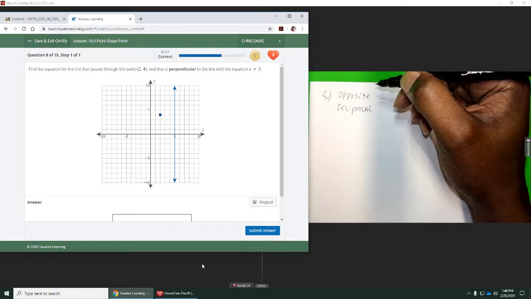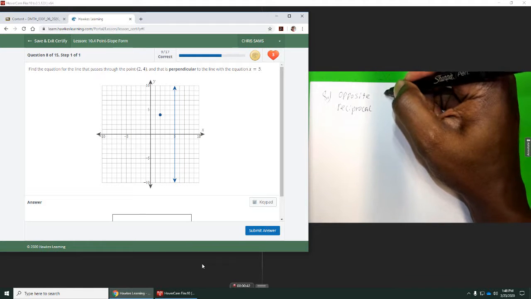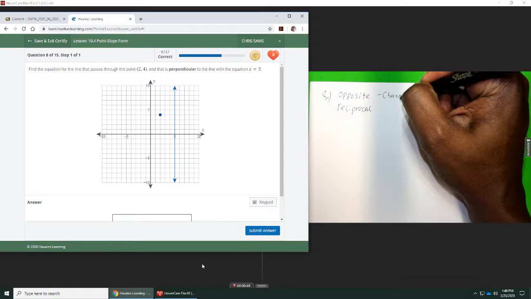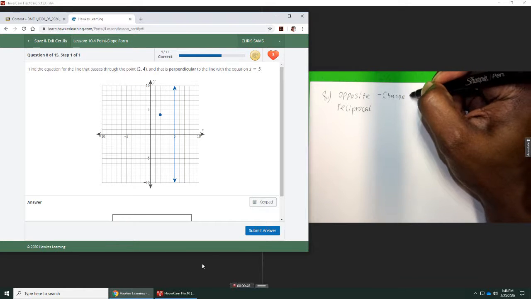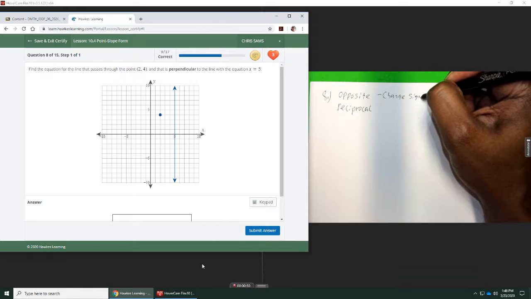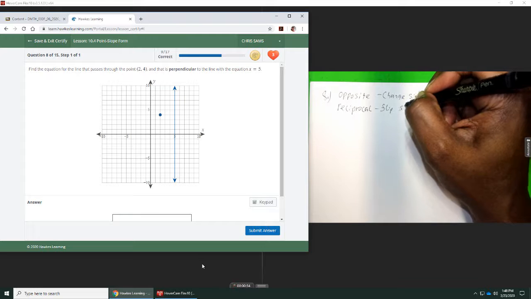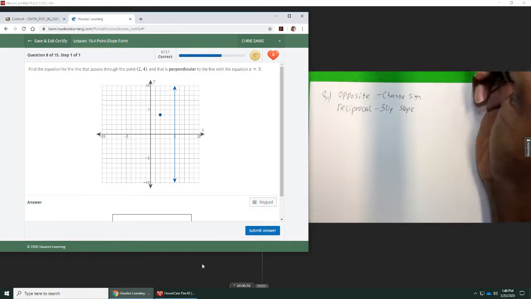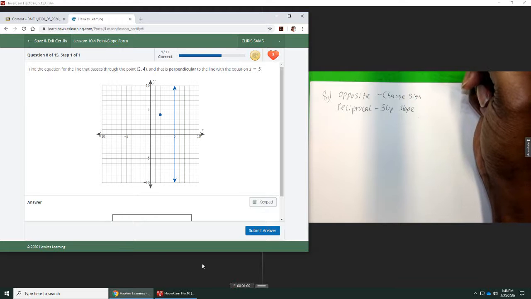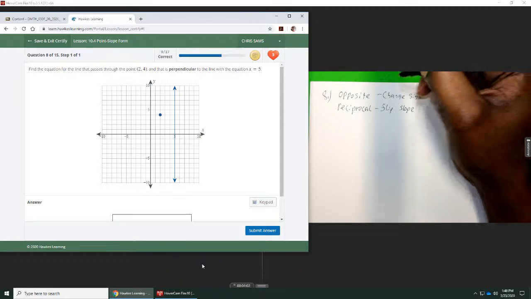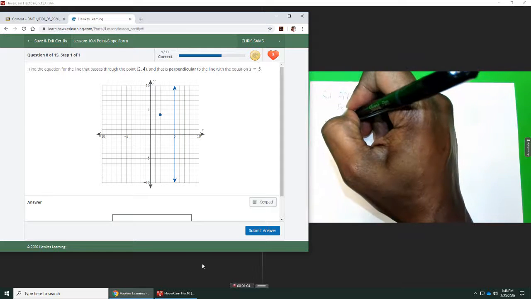Opposite reciprocal. Change the sign. And flip the slope. Okay, so I'm kind of giving some shorthand. So we're given the equation x equals 5.